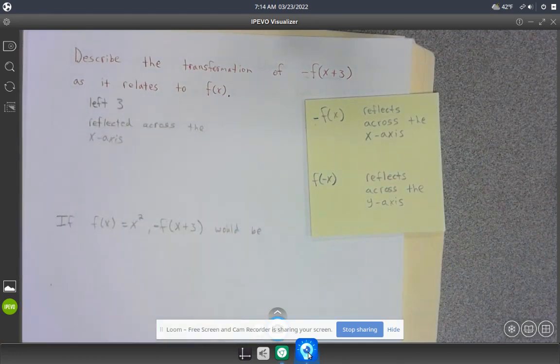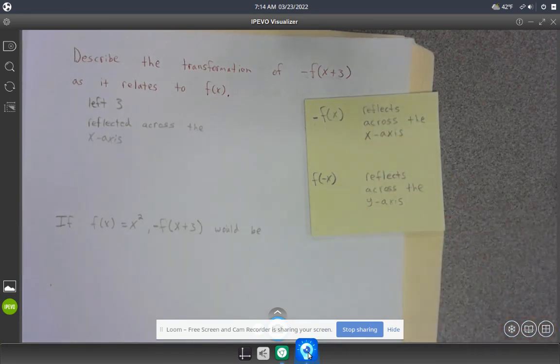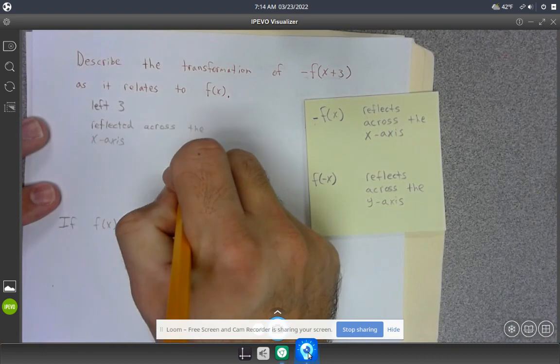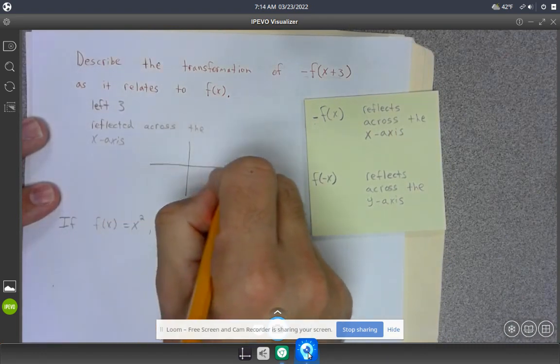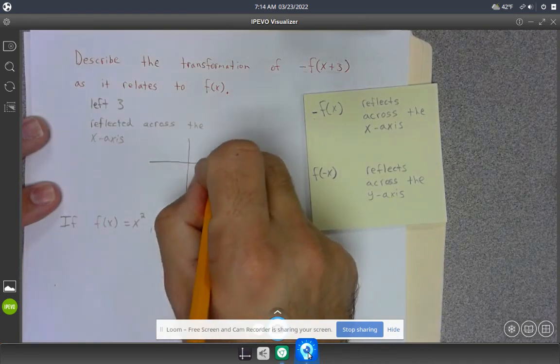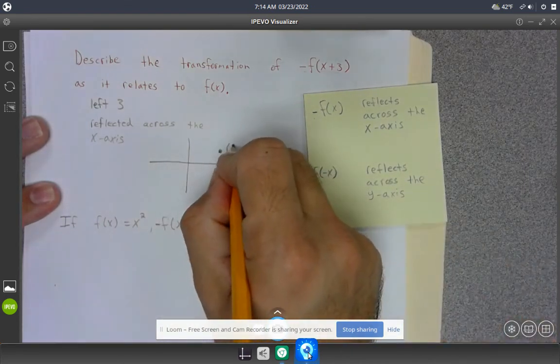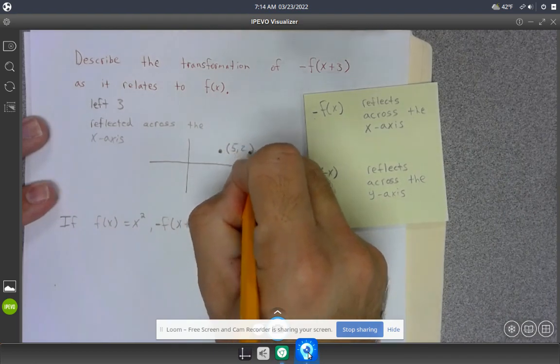Okay. And I'll try to at least illustrate why this one reflects across the x-axis and why that one reflects across the y-axis. So if I just have a random point somewhere in the coordinate plane, like right here, let's say the coordinates of this point is 5, 2.